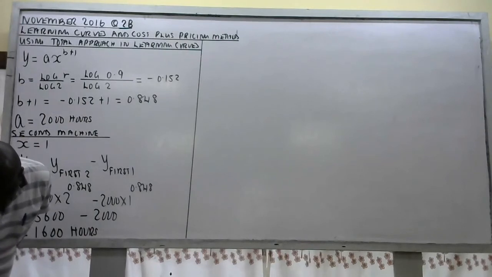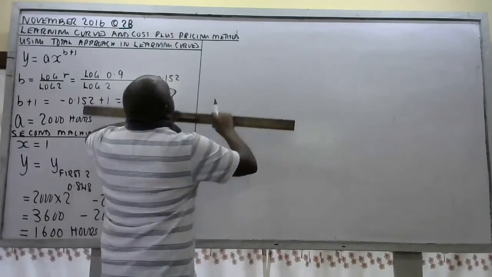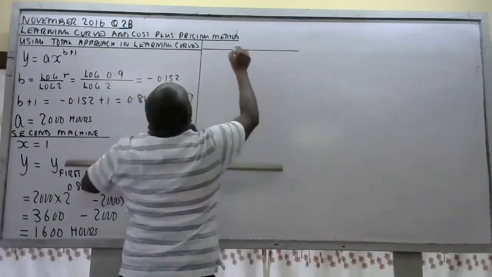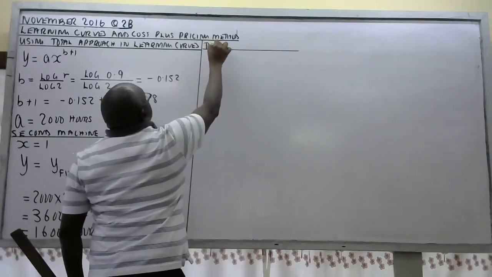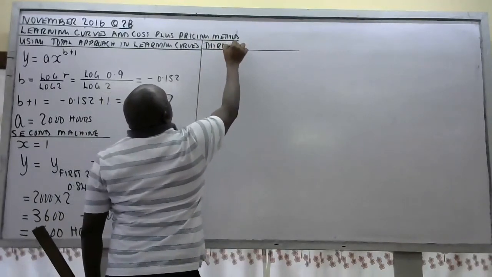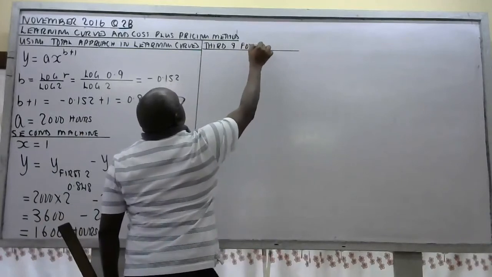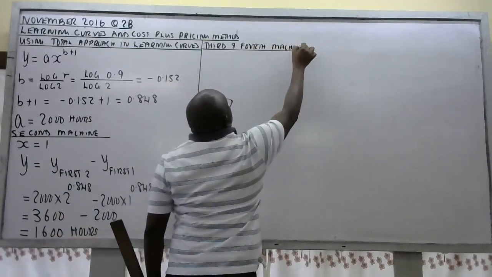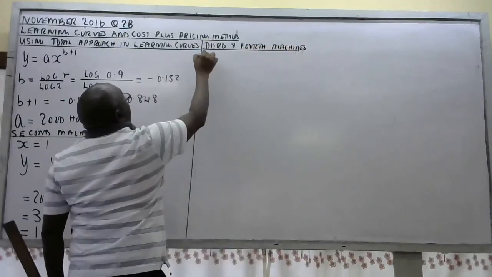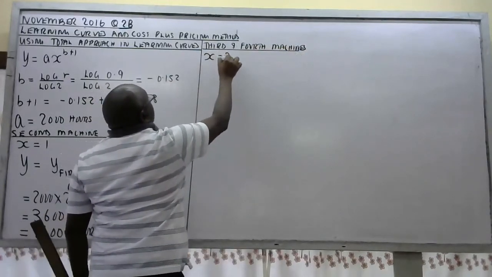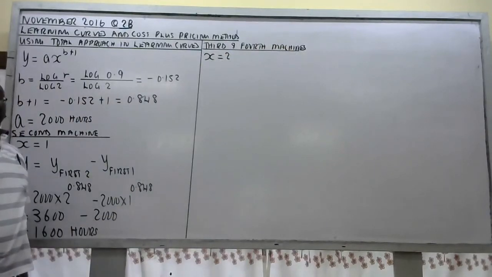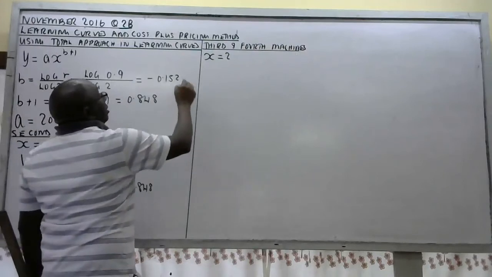Then, for the third and fourth machines, in this case, X will be 2, because there are 2, the third and the fourth.